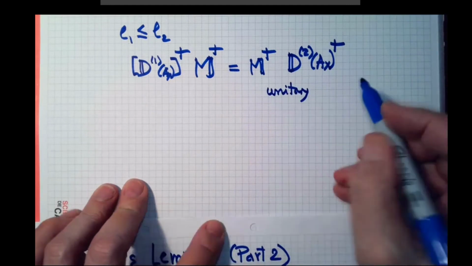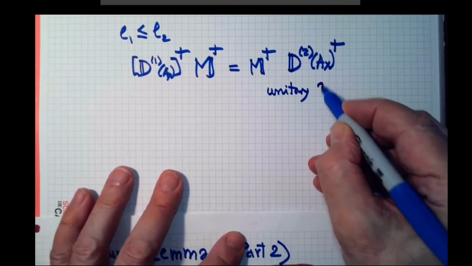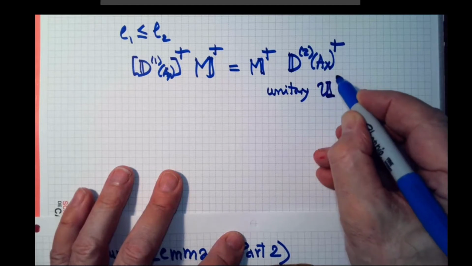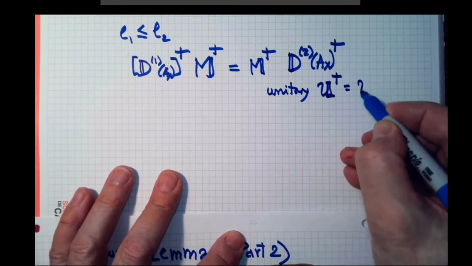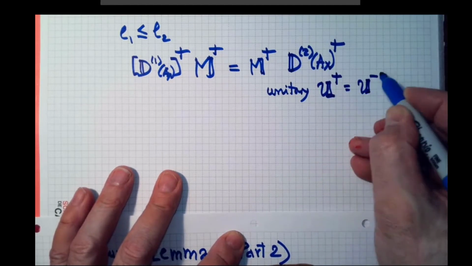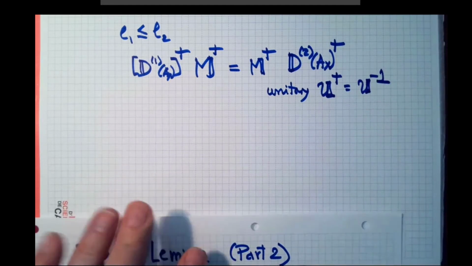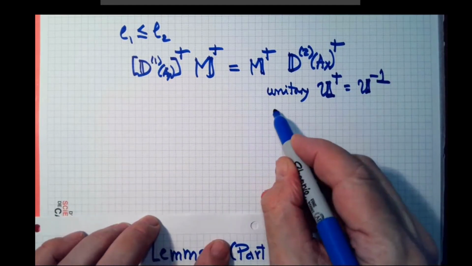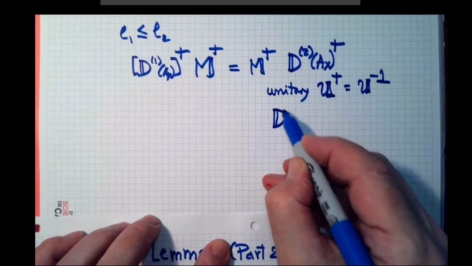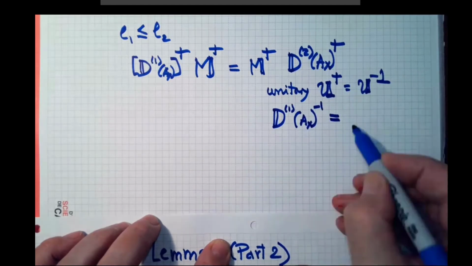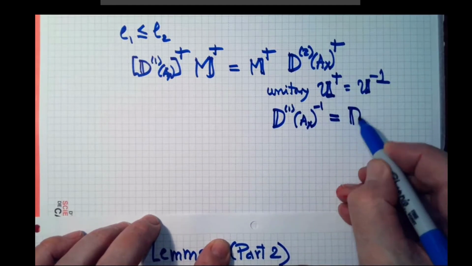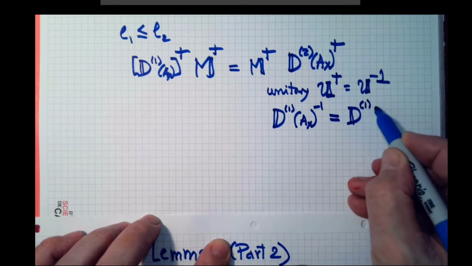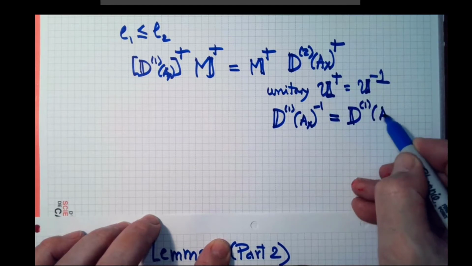Unitarity means that U Hermitian conjugate is the same as the inverse of the matrix, right? But if I take the inverse of a matrix, that's the same as taking the inverse group element.